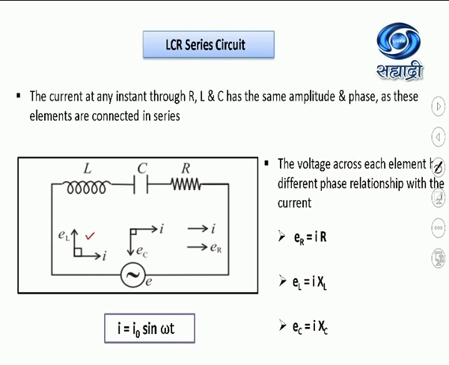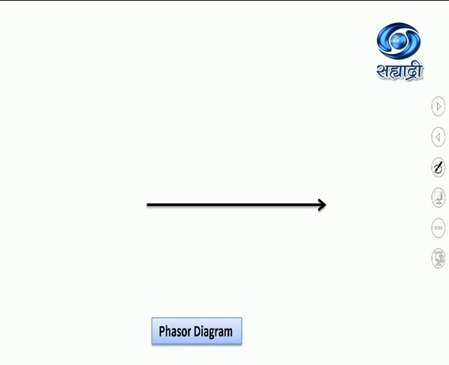For capacitor, EMF lags behind the current in phase by pi by 2 radians, and EMF across the capacitor is given by the formula EC equal to I into XC, where XC is capacitive reactance. Now let us draw a phasor diagram. Here is x-axis, y-axis, origin O.